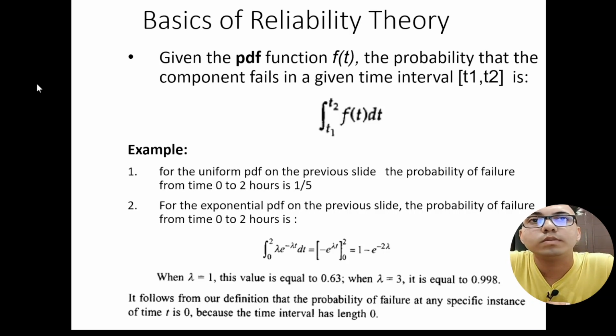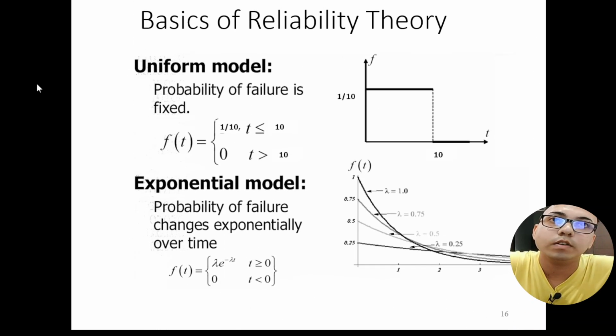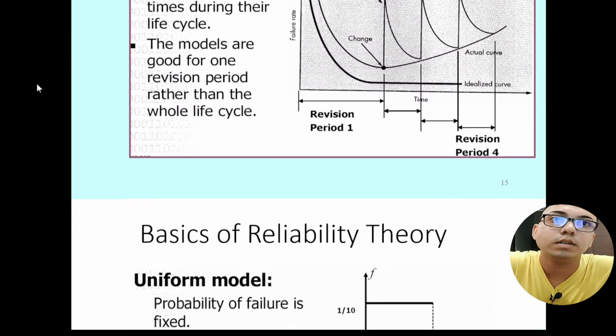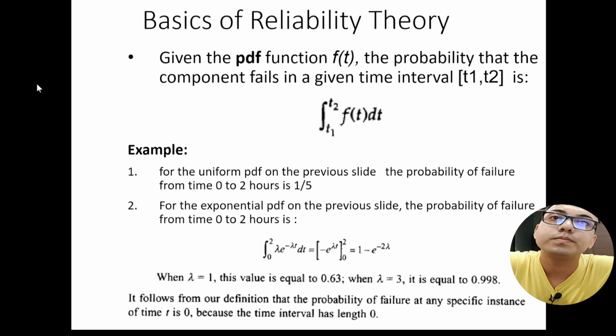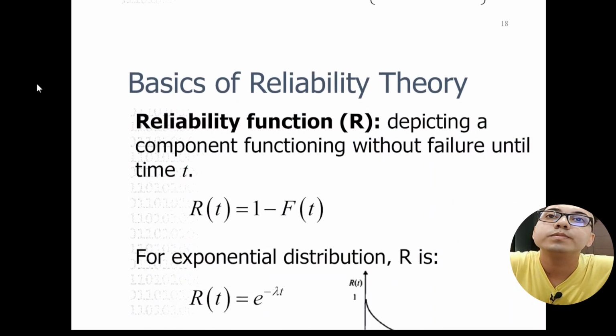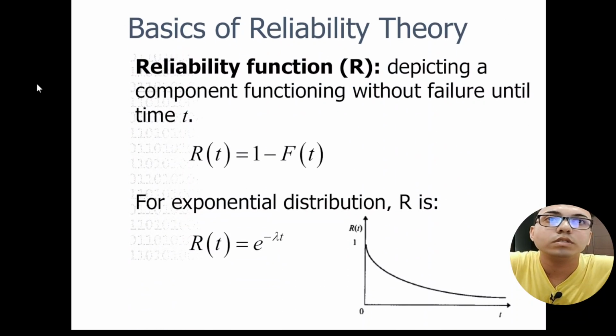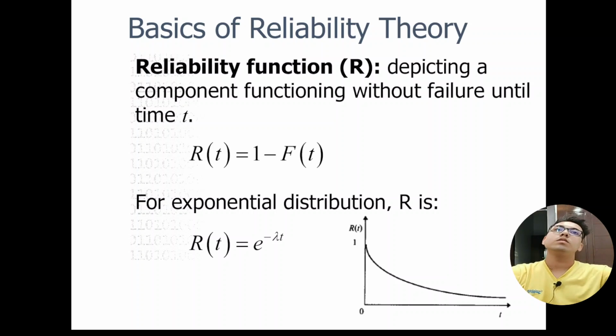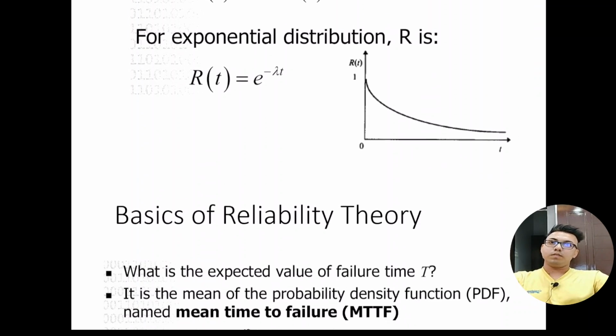For the exponential PDF on the previous slide, the probability of failure from 0 to 2 is 1 minus e to the power of minus 2 lambda. It is a cumulative distribution function. The reliability function is the complement of the failure function: 1 minus F(t).